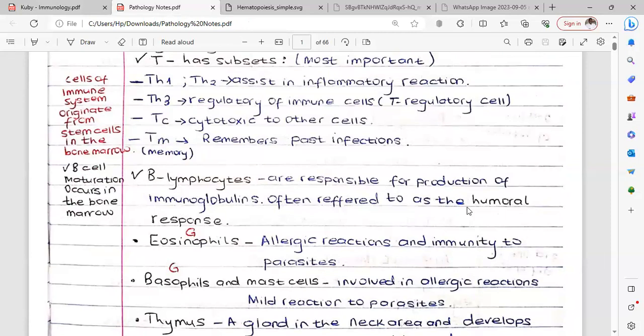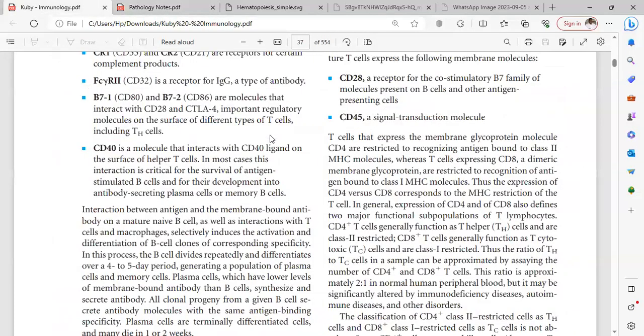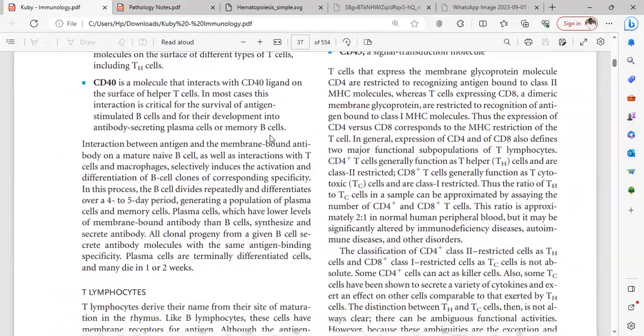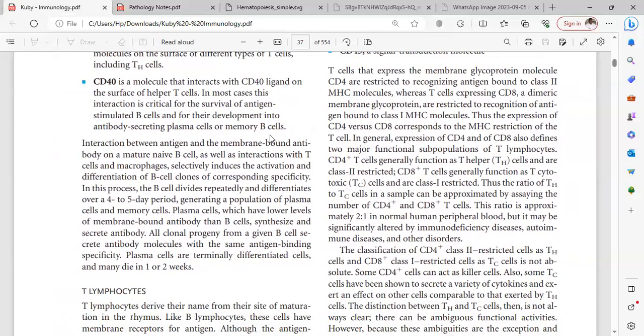Humoral response is basically response as a result of production of antibodies. So these types of cells, we don't delve much into details. What you're supposed to know is that B lymphocytes mature in the bone marrow and differentiate into plasma cells, which later on secrete the antibodies.